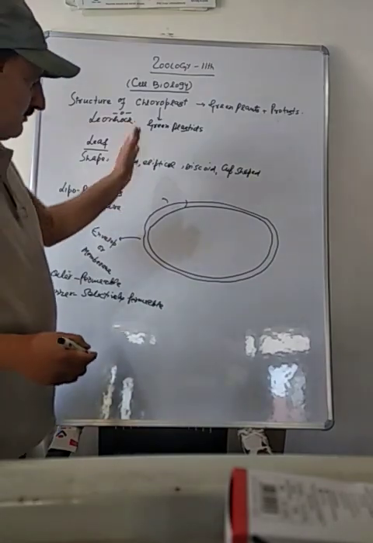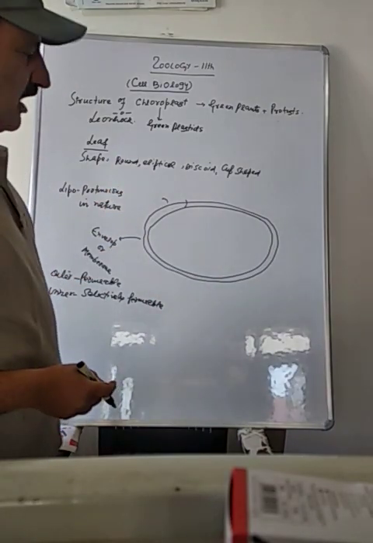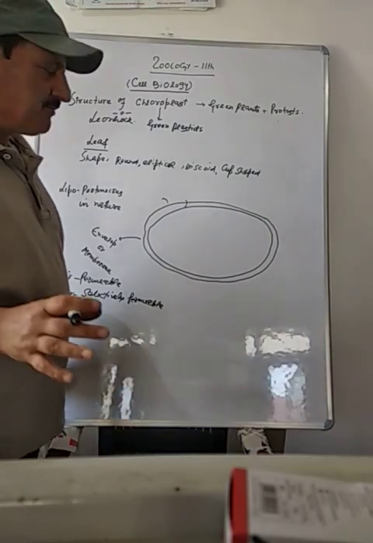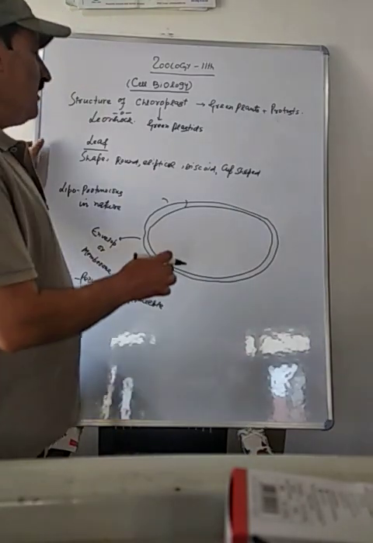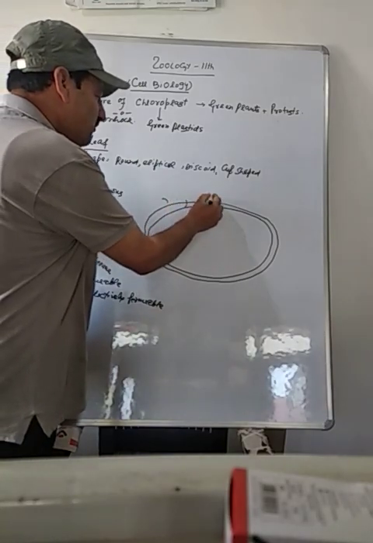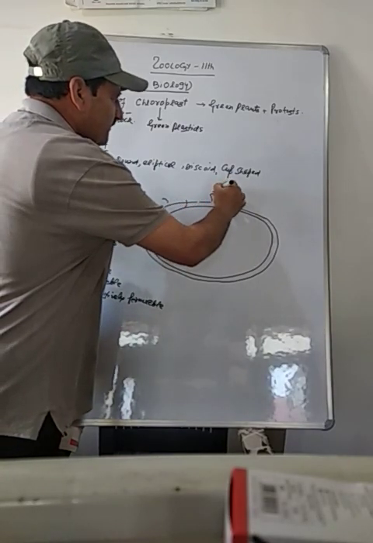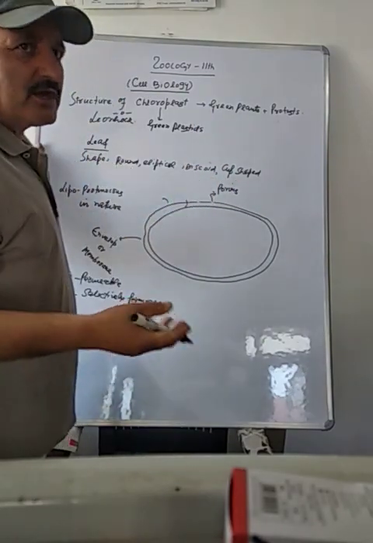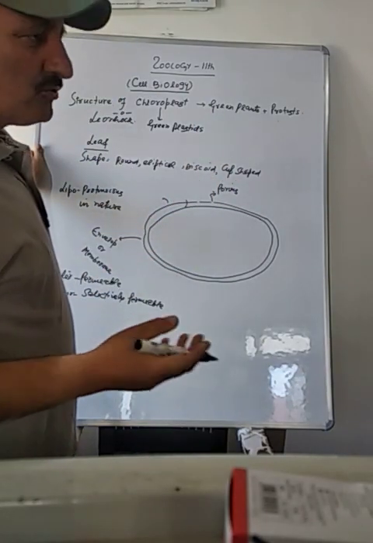Permeable means anything can pass through it, out or in, whereas inner is selectively permeable, it selects the material. But how? The outer membrane contains small pores in it, which are called porins. These allow material to pass through it, any type of material. These do not select the material.